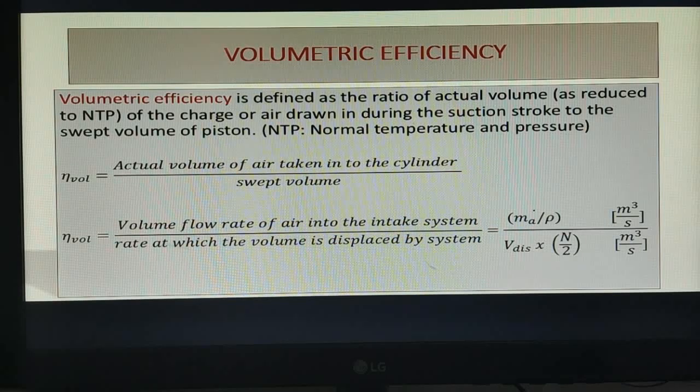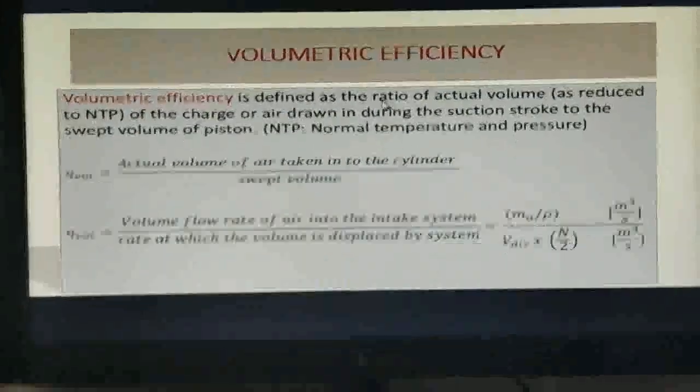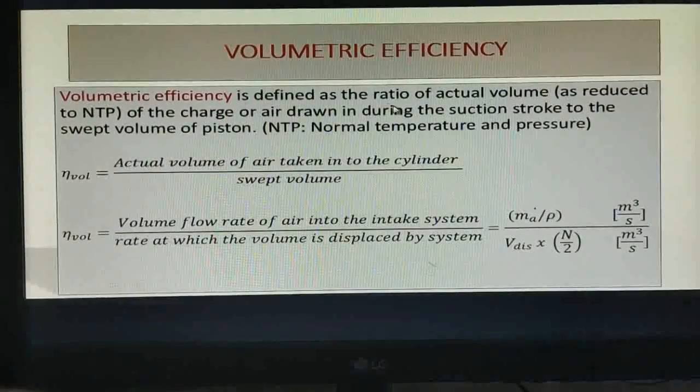So that much maximum air we can take into the cylinder, and with that volume we are comparing the actual volume of air taken into the cylinder. So the volumetric efficiency is defined as the ratio of the actual volume, as reduced to NTP, NTP meaning normal temperature and pressure, of the charge or air drawn in during the suction stroke to the swept volume of the piston.